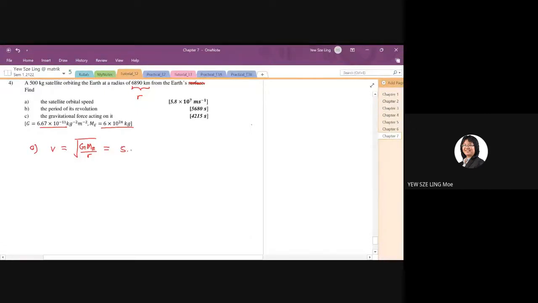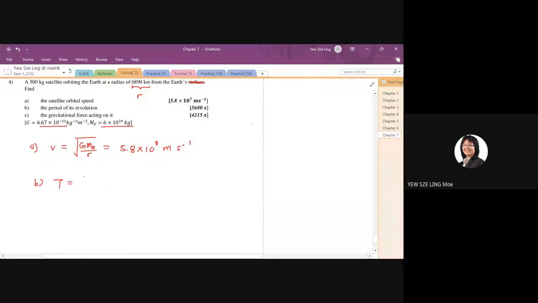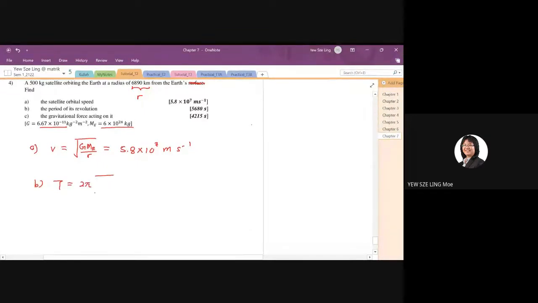Just press the calculator, straight away you get 5.8 times 10 to the power 7 m/s. Question B, period. Once again, you have all the information already. So T equals 2 pi square root of R cubed over GM. Straight away you get 5680 seconds.